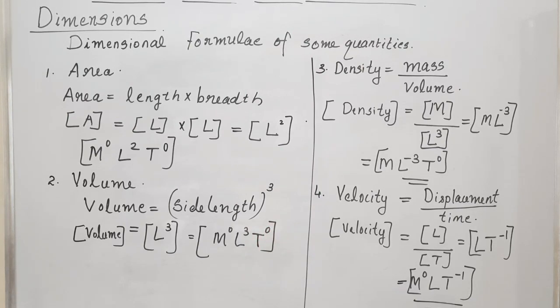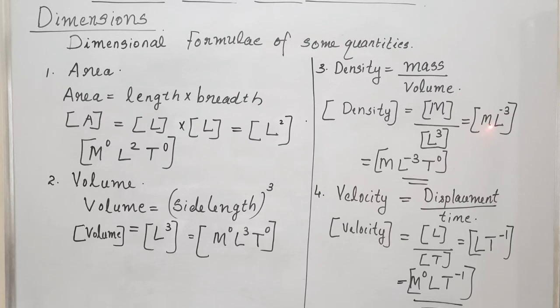Now the third one, that is density. Density is mass by volume. So dimensional expression of density is equal to dimensional expression of mass divided by dimensional expression of volume. So we have M, that is dimensional expression of mass is M, divided by that of volume, L cube.